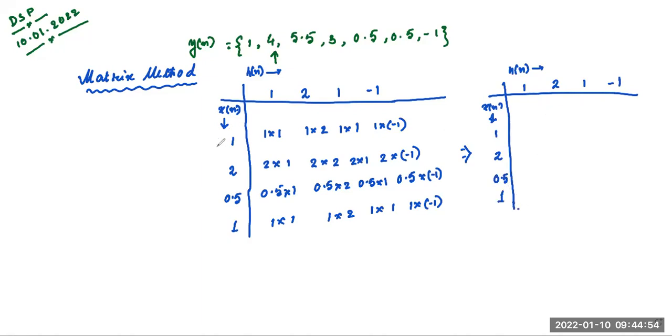What will I get if I do the multiplication? I will get 1, 2, 1, -1. Then 2, 4, 2, -2. Next, 0.5 into 1, 0.5, 1, 0.5, and -0.5.